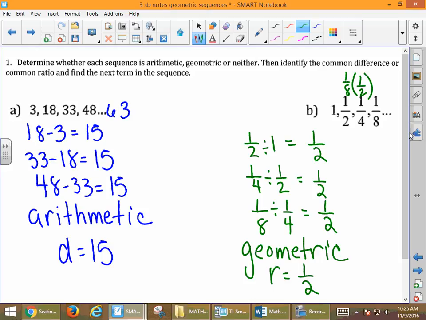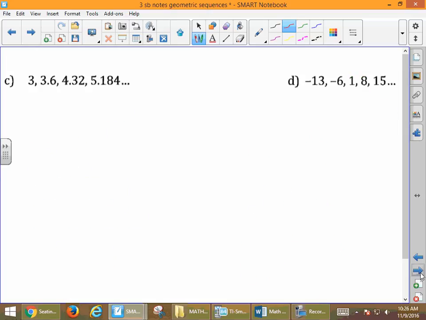And without typing that in the calculator, just because of time, the answer is 1/16 for our next term. But the key for the rest of the unit is going to be, can we identify whether something's arithmetic or geometric? So that's why we have a couple more.